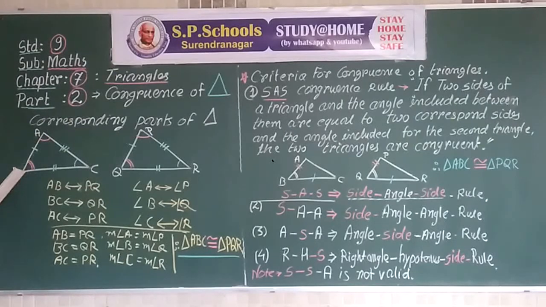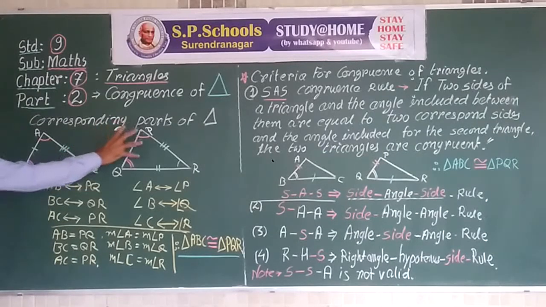Consider triangle ABC and triangle PQR. Now let us take the correspondence. Let AB correspond to PQ, BC correspond to QR, AC correspond to PR.